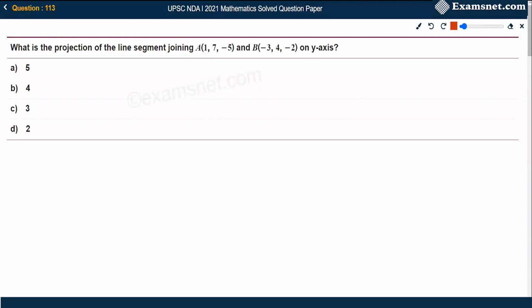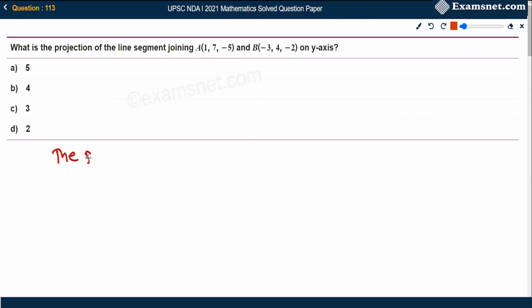In question number 113, it is given: what is the projection of the line segment joining A, the coordinate is 1, 7, -5, and B, -3, 4, -2 on the y-axis?